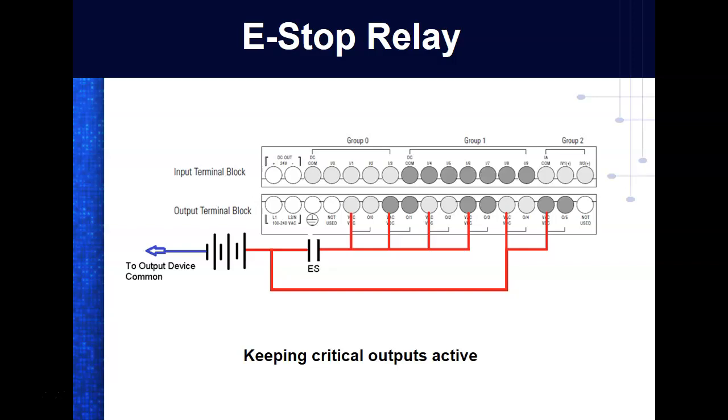Most PLCs give you the ability to split commons. I don't think this one right here does. Yes, it does. On my inputs, we have inputs 0 through 7. It has its common, and then inputs 0 through 5 have their own common.